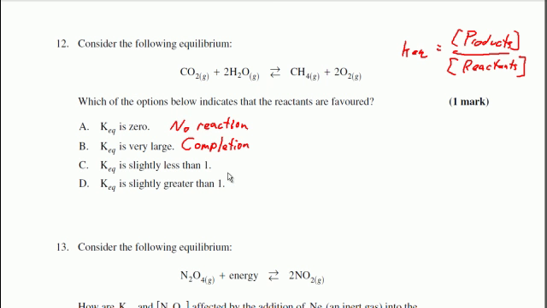So that means reactants are favored? Yes, reactants are favored. And KEQ is slightly greater than 1, like say if it's like 2 or 3 or 10 or 15, that means that this number, products, is bigger than reactants, or in other words, that means products are favored.